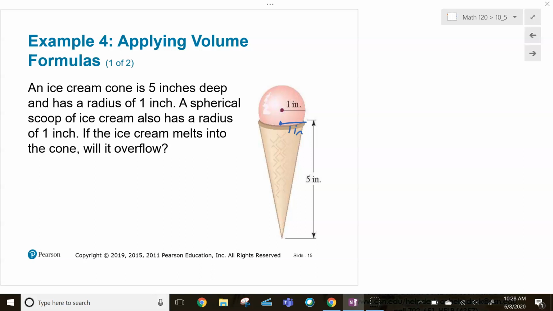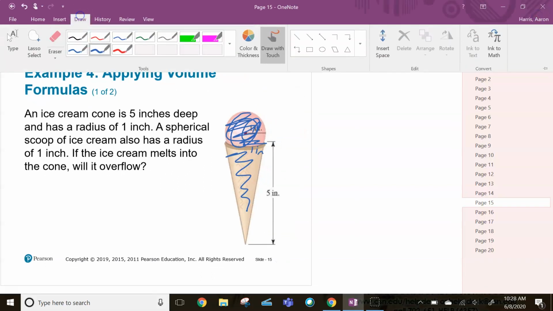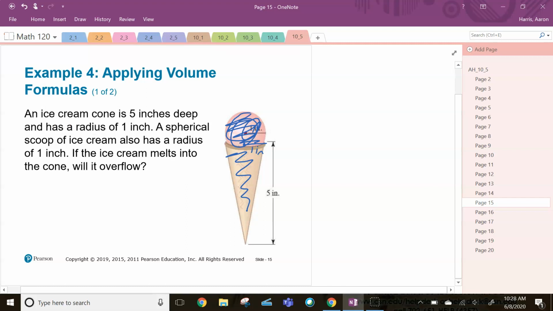Will it overflow? Well, if it melts, I need to know the volume of the ice cream. If I have more volume of ice cream in this ball than I have room for it to melt into, then I have a problem and it overflows, right? So what we need to do is figure out the volume of those.